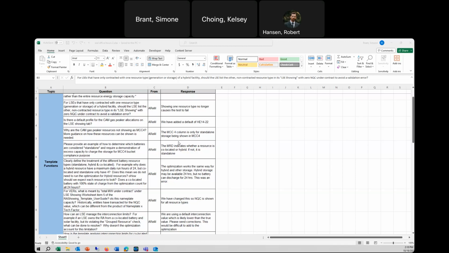Yeah, I mean, if the storage has daily run hours of 24, that's an error for hybrid. If it does have that for hybrids, I'll have to check that. Should be the same as co-located.